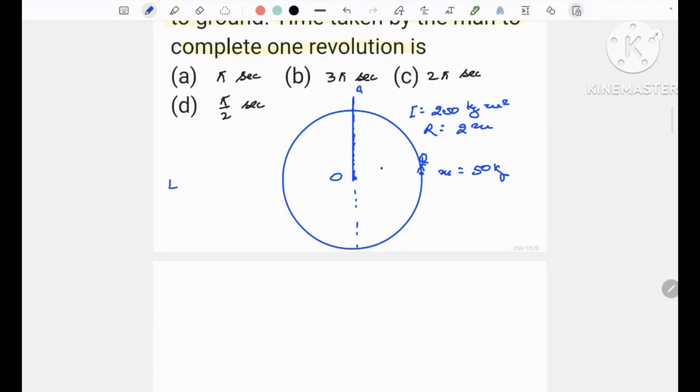Initial angular momentum is 0 because every part of the system is at rest.